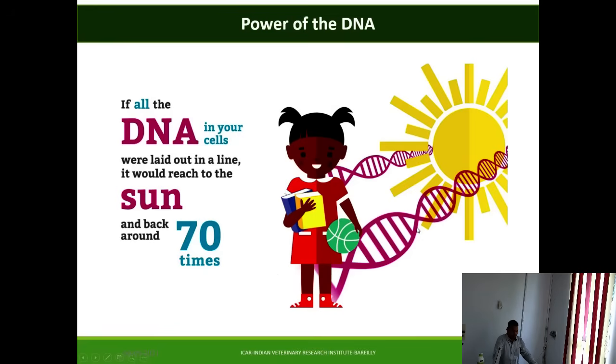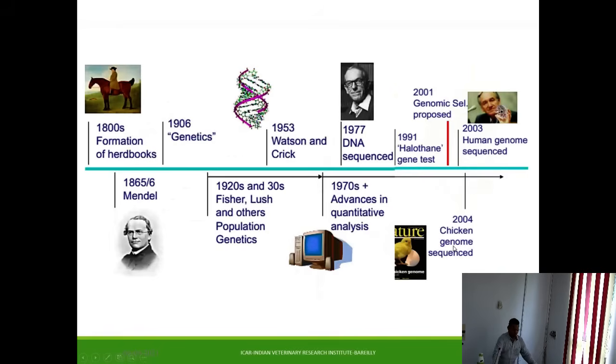Okay. So after knowing the power of the DNA, you need to know the timeline of genetics. Being the professor of genetics, I would like to start from the 1800s, the formation of herd books. Then the Mendelian concept came into existence, but most of his work was not known until 1900.